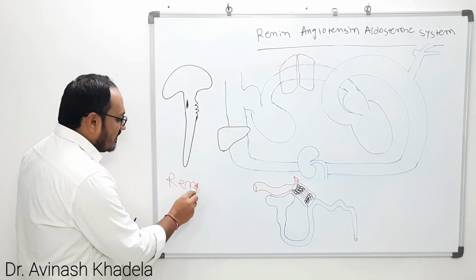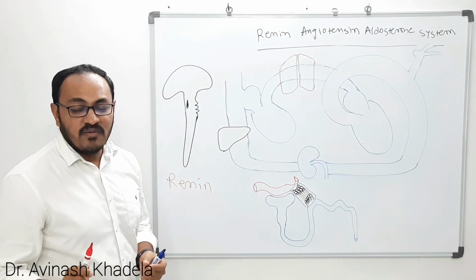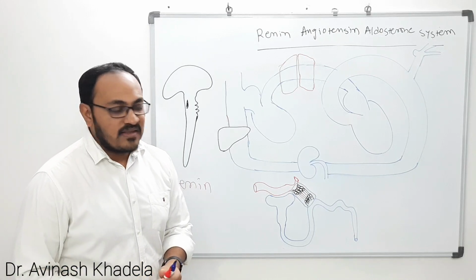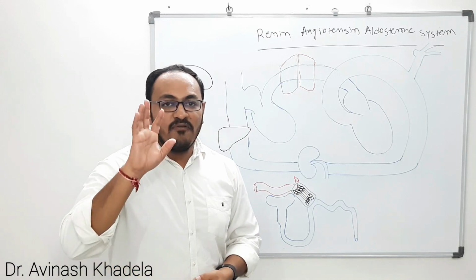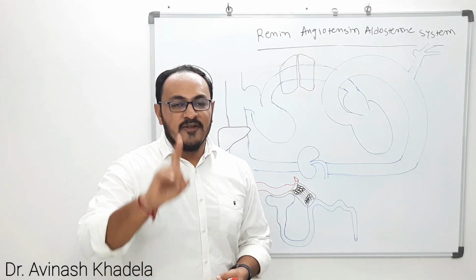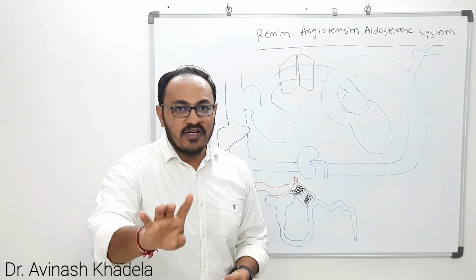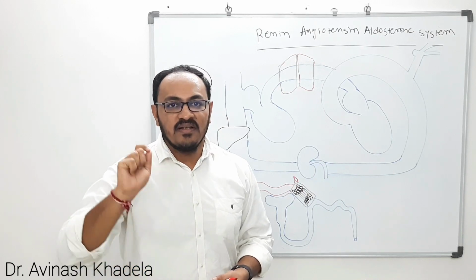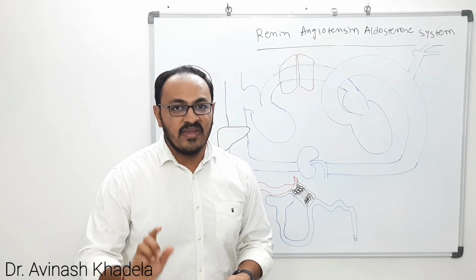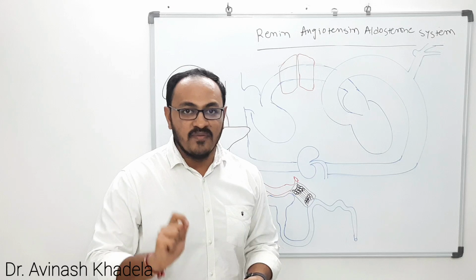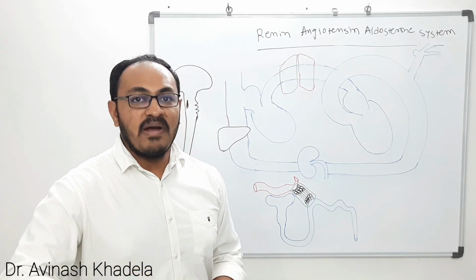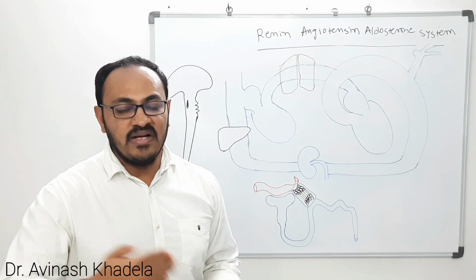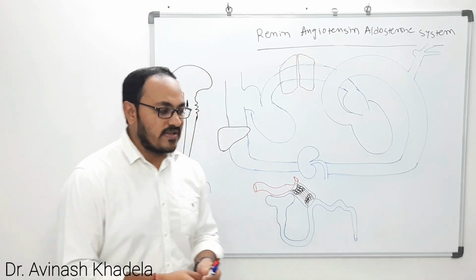What is renin? Renin is one type of enzyme, basically secreted in four different conditions. Let us understand the four conditions where renin starts secreting. Once renin starts secreting, it increases the blood pressure by activating the RAAS system, that is, the renin-angiotensin-aldosterone system.